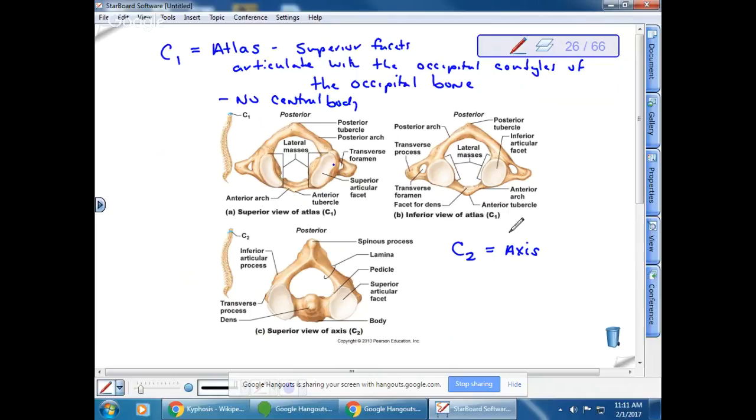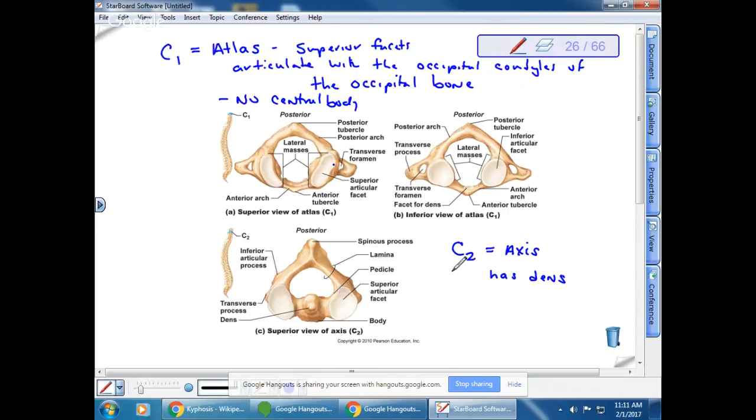And so that is this structure right here. So the dens, embryonically, would have been that central body, but notice that it's no longer on the atlas. It has been fused to the axis, right? So the central body has the dens. Dens means like a tooth-like structure, and this allows for the rotation.